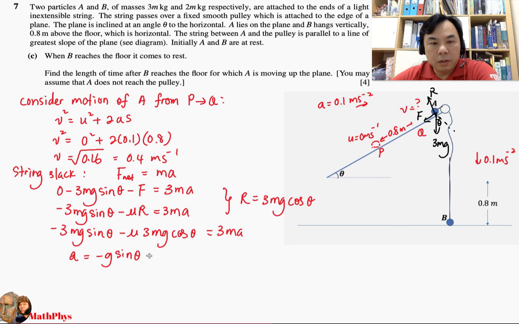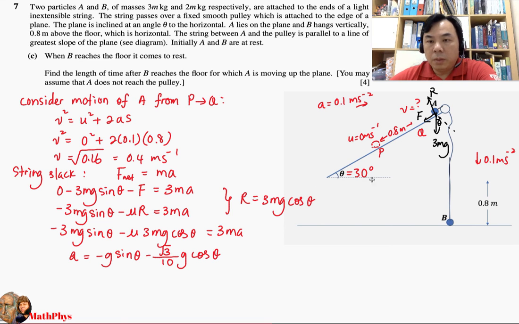So that will be a equals negative g sine theta minus 3 over 10 g cos theta. Theta is assumed to be 30, like the previous question.